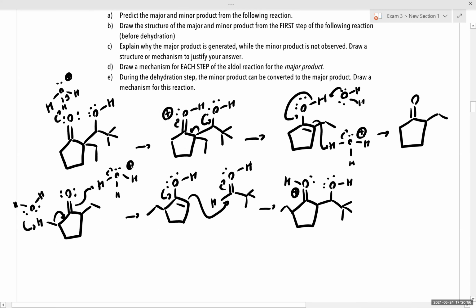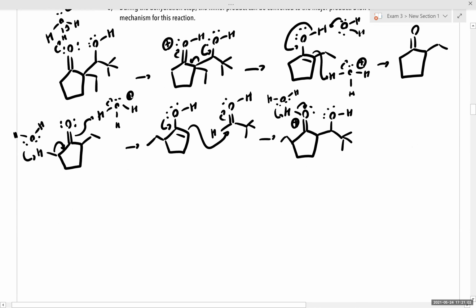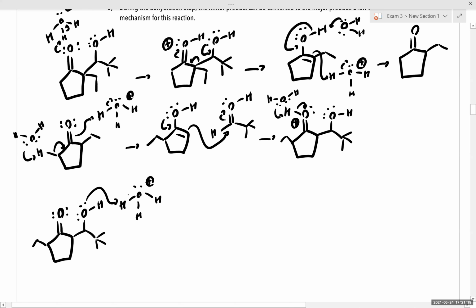Okay, so we're going to do some proton transfers. So we're going to deprotonate the ketone. So here now we have our beta hydroxy ketone that matches the major beta hydroxy ketone observed. Now to drive this equilibrium towards the product side, we're going to protonate.